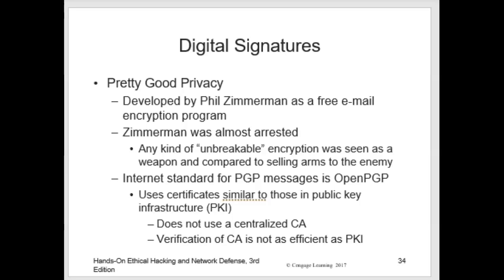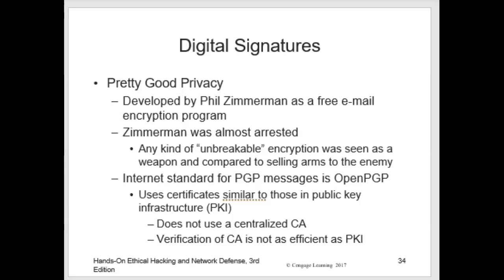So PGP is nice because it's a free encryption program, can be used for email and other things. The internet standard for PGP is now actually called OpenPGP. And OpenPGP uses certificates. It's similar to PKI certificates, but the certification authority isn't used, and it's not as efficient.